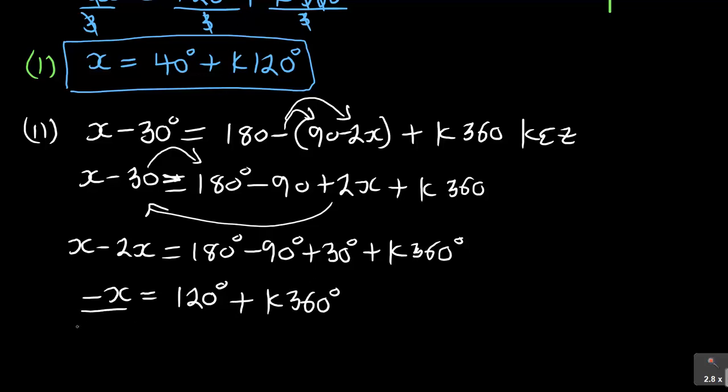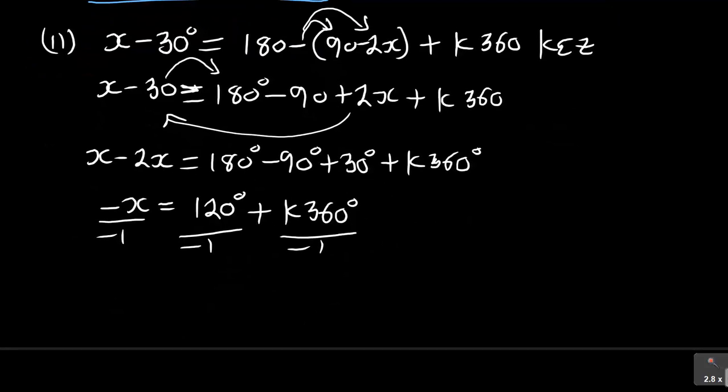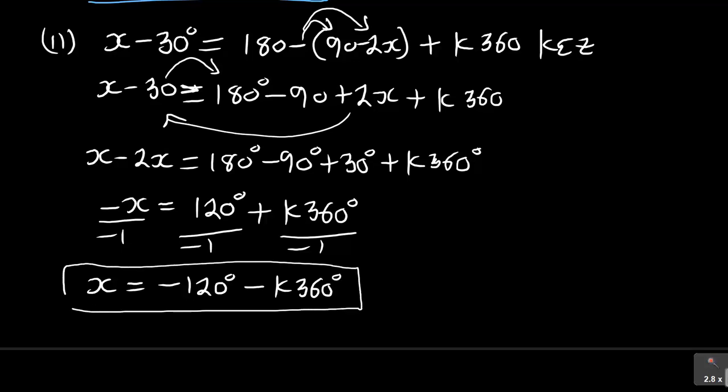Now I have to divide by negative 1 on each and every item, giving me my value for x, such that x is equal to minus 120 minus k 360 degrees. So this is the second general solution, which is in quadrant number 2.